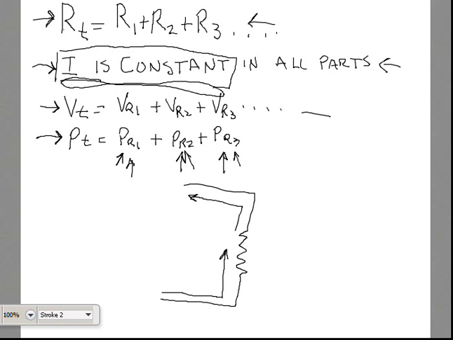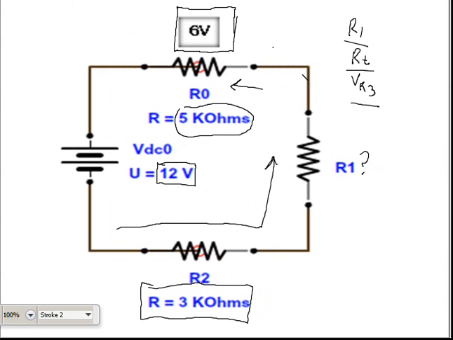Total voltage is the sum of all the voltage drops. Total power is the sum of all the power dissipation. Now, we know current is constant, so if there's any way that we can figure out what the current is through the circuit, with this information, we can figure everything out.